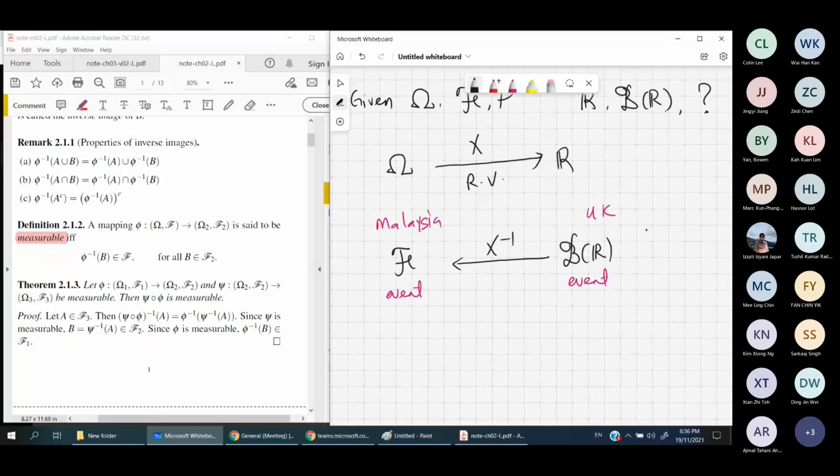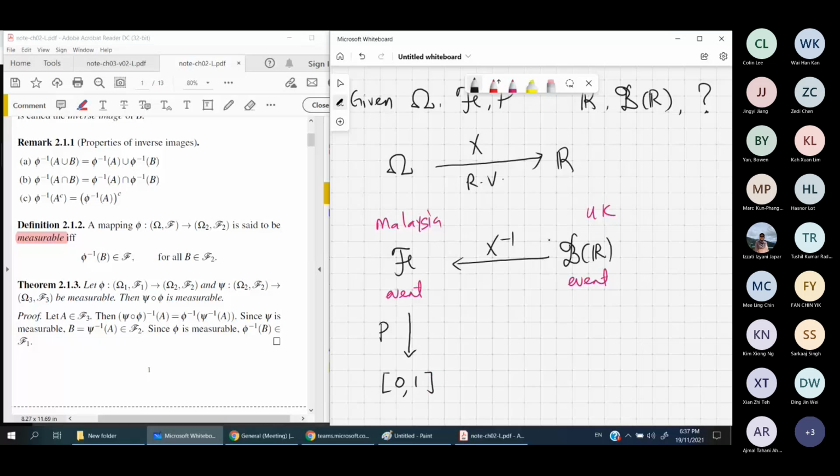This one goes back here, and the probability measure is defined on here. So we have a P to R, or to be more precise, P to the closed interval 0 to 1.